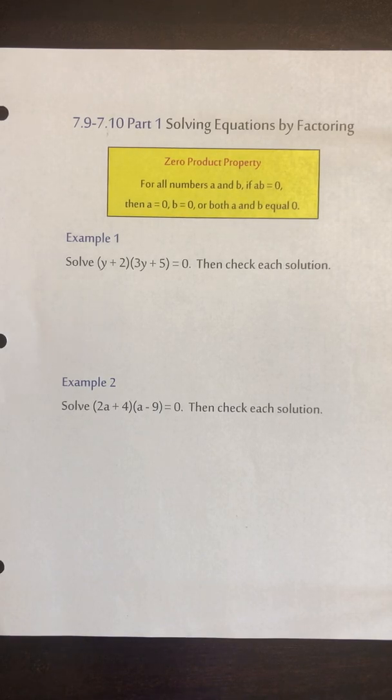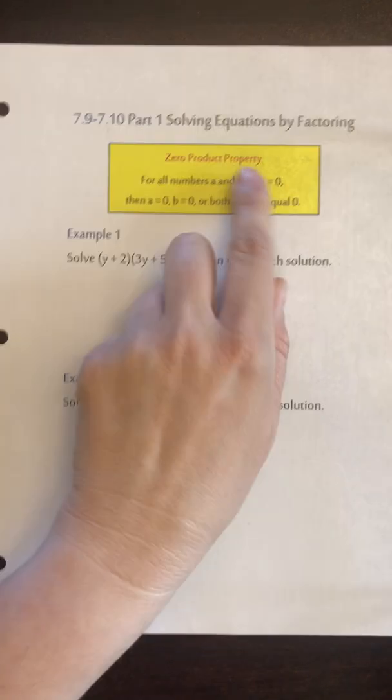It says for all numbers a and b, if a times b equals 0, then a equals 0, b equals 0, or both a and b equal 0. So let me hopefully make this make more sense.